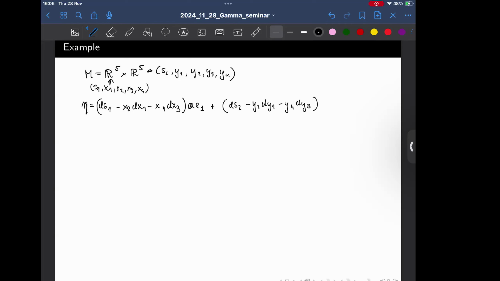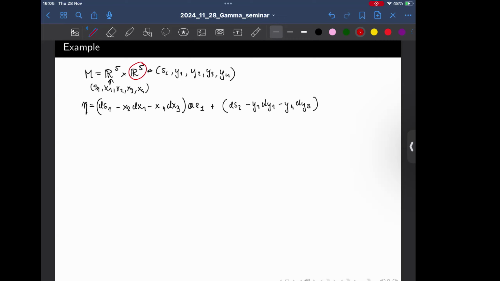So you can see that indeed each R^5 is a contact manifold. So we define the k-contact structure from the pullbacks of these forms. Indeed, it's easy to check that it gives a k-contact structure on M.